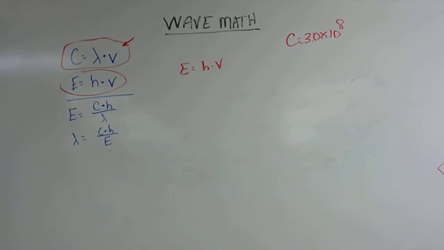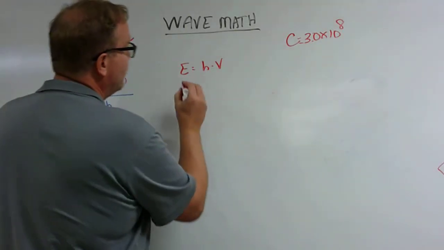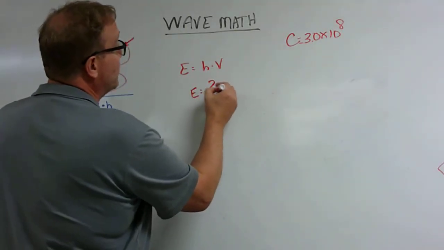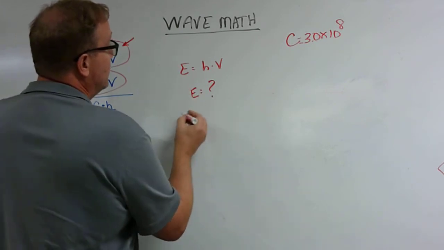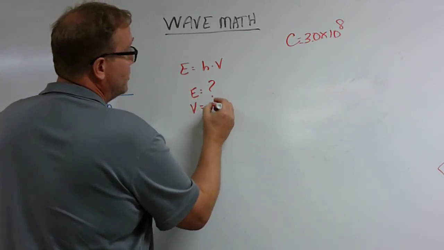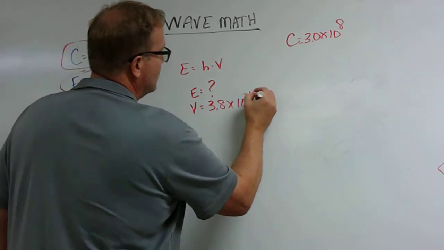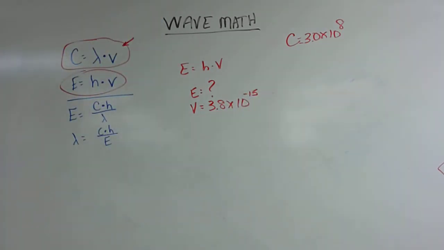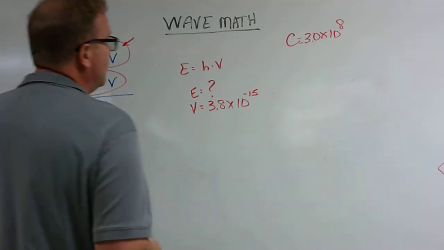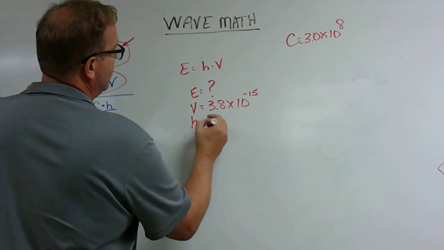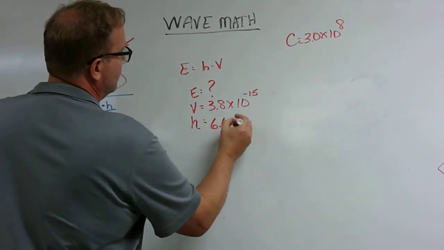Now let's say I want to find the energy, and so I've got this, which I'm trying to find. My V, or my frequency, is going to be 3.8 times 10 to the negative 15. And I am trying to find the energy, but I'm going to need this number.